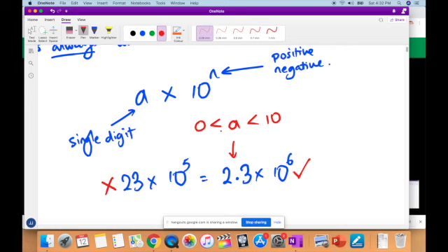You notice I didn't put equal signs, yeah? So that means it cannot actually be 0. It cannot actually be 10. It has to be more than 0, whether it's 0.1 or 0.001, right? I want one number before the decimal point.